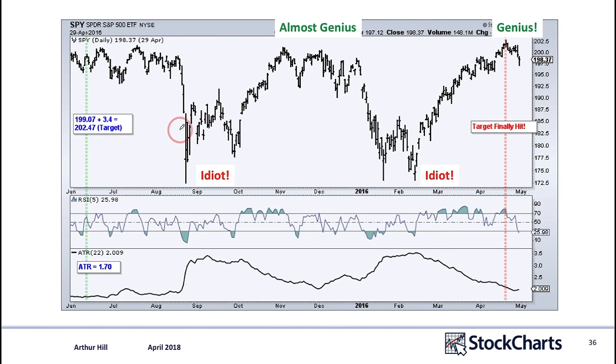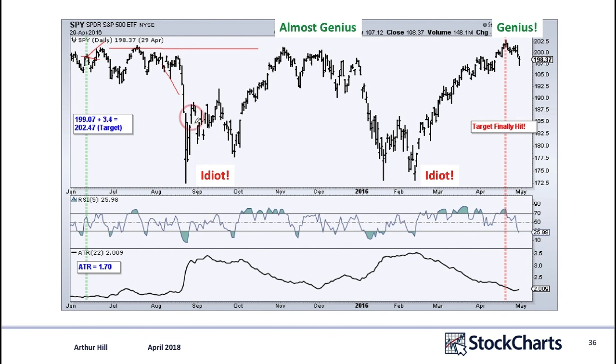You would have had an entry in 2015 around 199.07, and your profit target would have been 2 times the ATR, 3.4 above, which would have been around 202.5. But you can see you didn't get above that level.